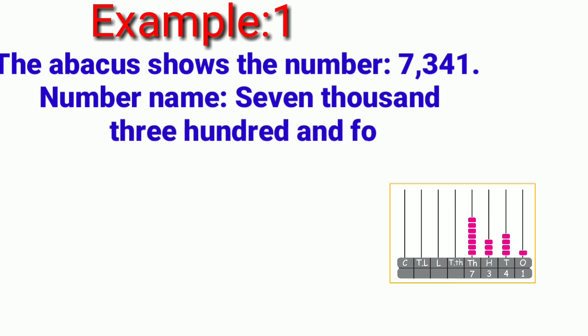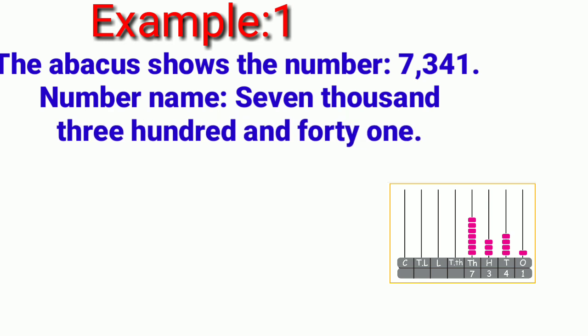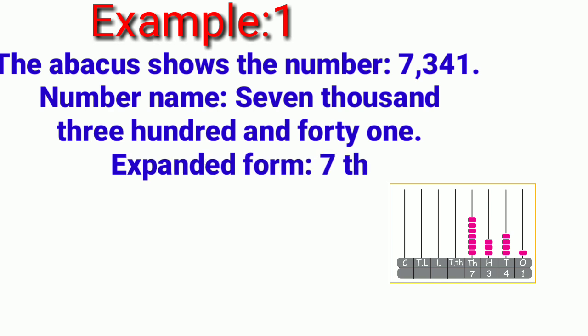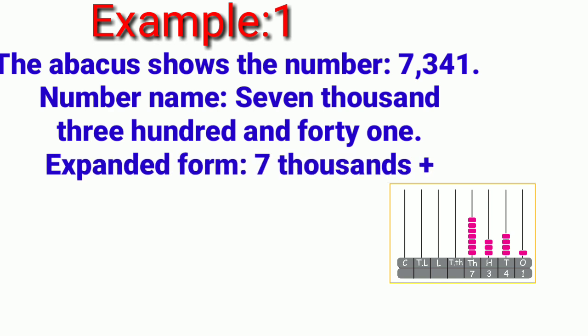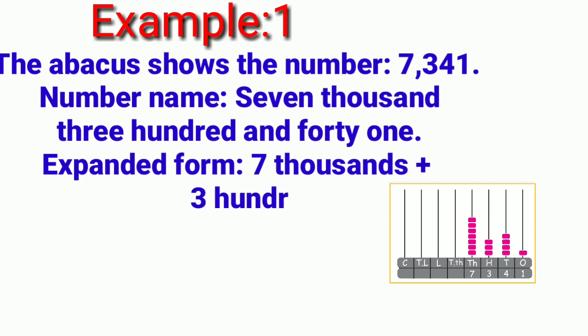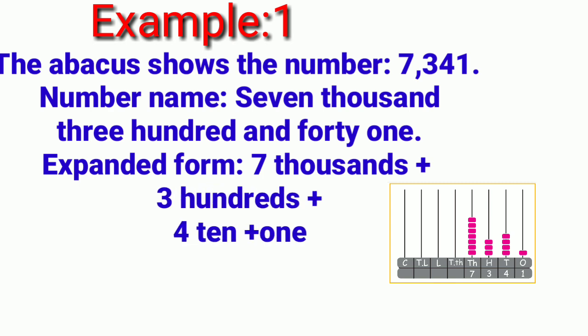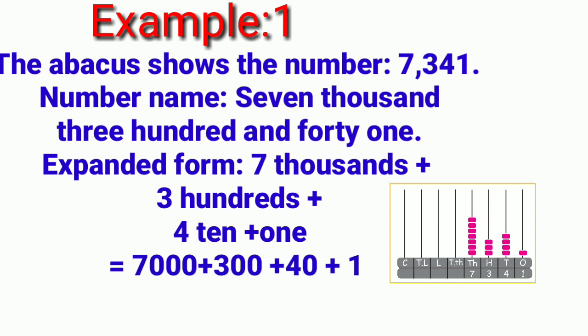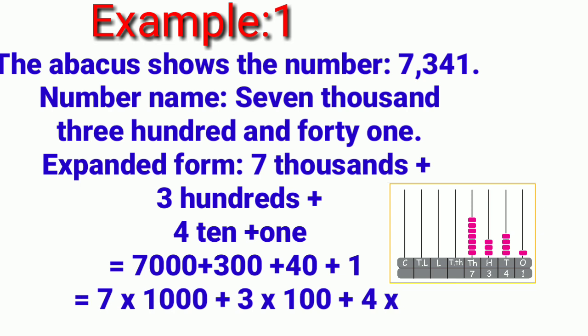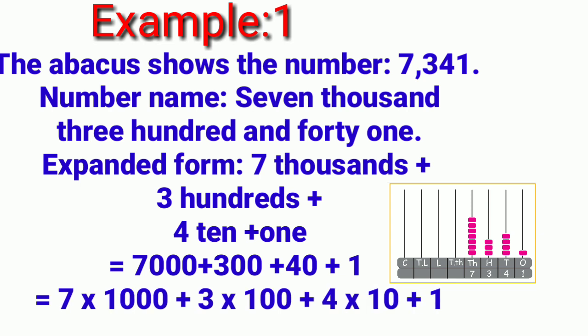The expanded form of the given number is 7 thousands plus 3 hundreds plus 4 tens plus 1. Now write the number: 7,000 plus 300 plus 40 plus 1. So 7 into 1000 plus 3 into 100 plus 4 into 10 plus 1. So this is the placement of the abacus value.